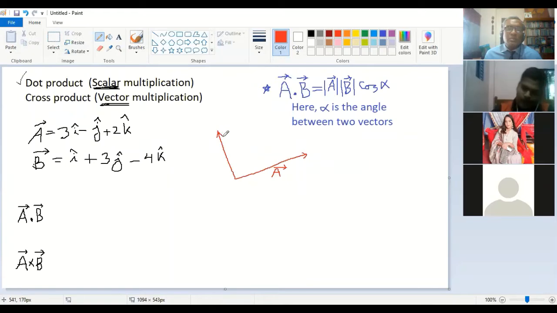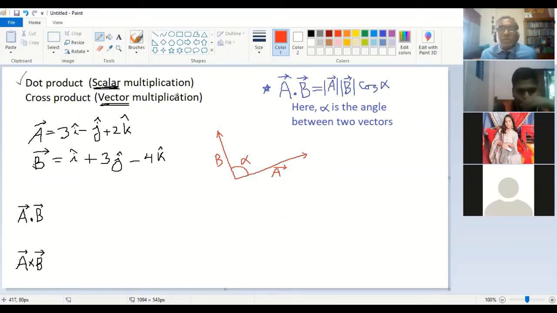So that is B vector. Now, what will be alpha? Alpha will be the angle between the two vectors. This is called the alpha angle. So it is your understanding: the dot product of two vectors will be the magnitudes of the two vectors times cos alpha. So alpha is the angle. So this is your understanding now.